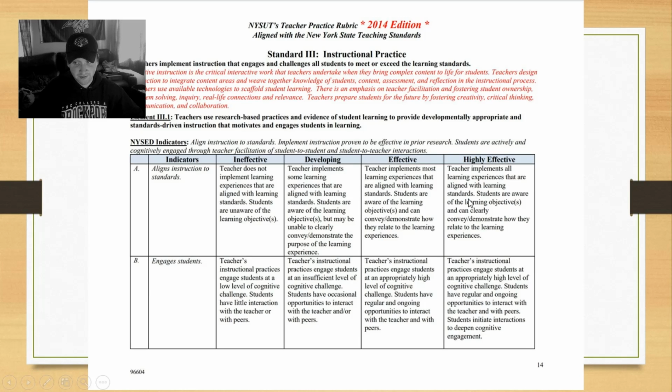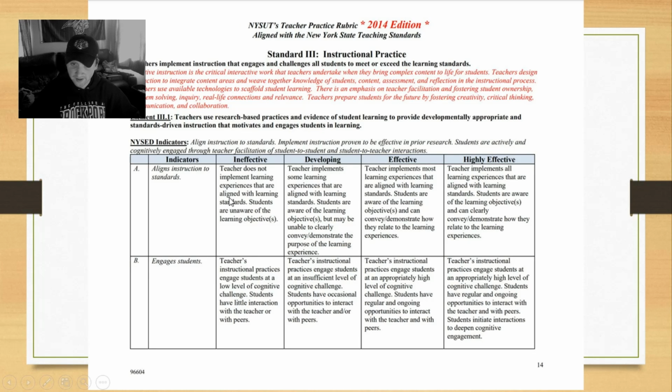Students are aware of the learning objectives and can clearly convey and demonstrate how they relate to the learning experiences. Obviously, it's a lot more specific. The teacher is implementing all instead of none. The students are aware, instead of unaware.